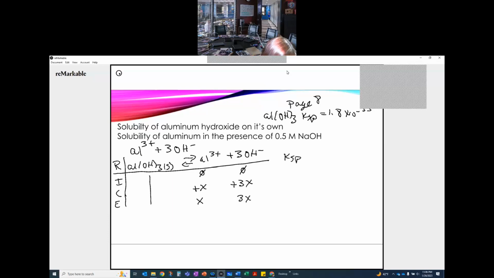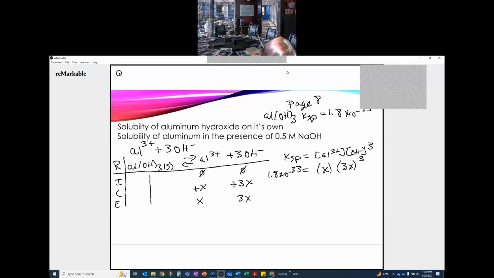I'm going to have my Ksp equal to the concentration of Al3+ times the concentration of OH- cubed. Then I'm going to have Al3+ is X. My OH- is 3X. That whole thing is cubed. And that's equal to the 1.8 times 10 to the negative 33rd.